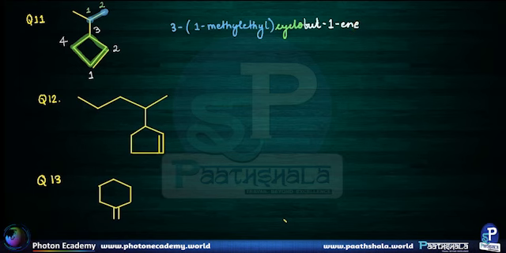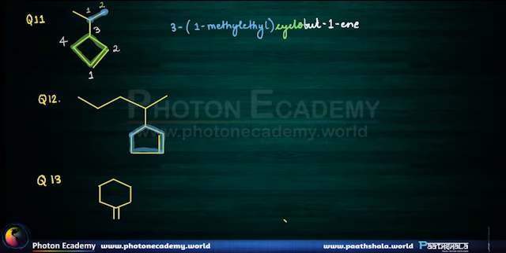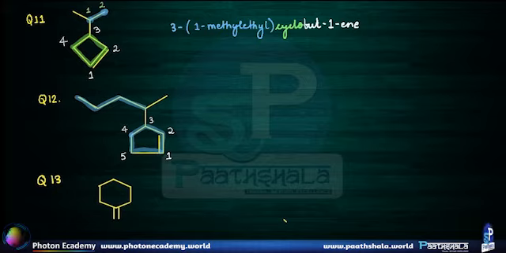And in question number 12, the correct main chain will be this. It is having the double bond, and numbering will start from this carbon. This is a complex substituent, and the main chain for this complex substituent will be this. Let's number the complex chain. 1, 2, 3, 4.